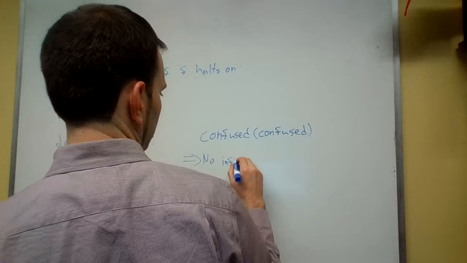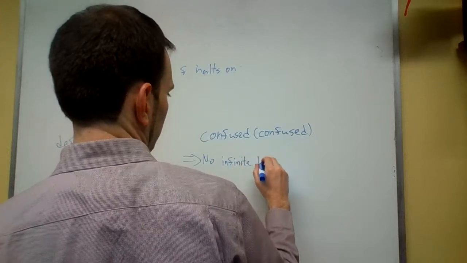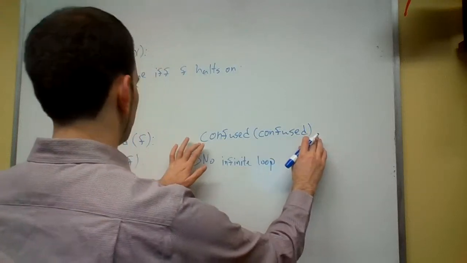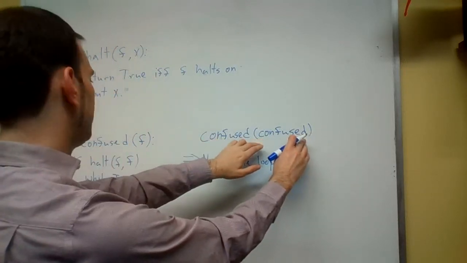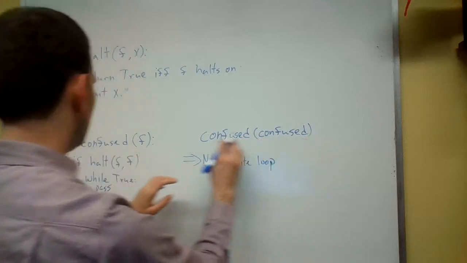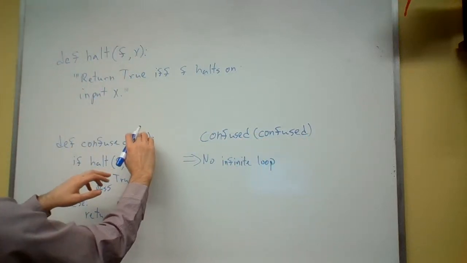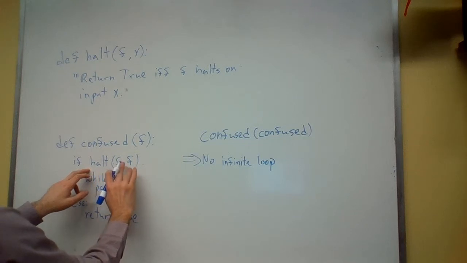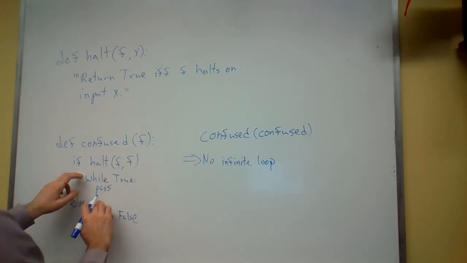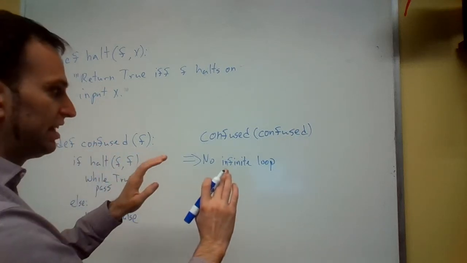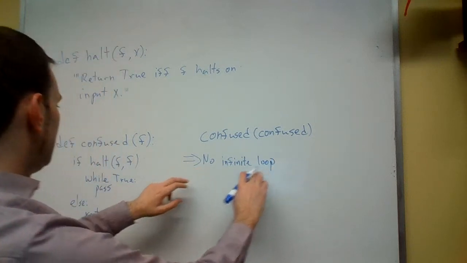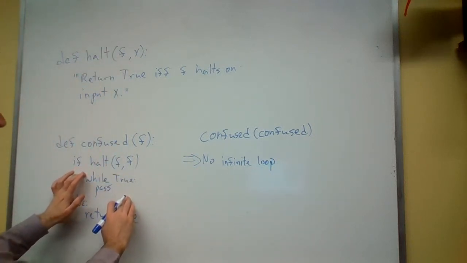So let's say that this does not produce an infinite loop. Well, if this does not produce an infinite loop, let's try to trace it. So you say confused of confused. So now we call it, so f is confused, and now we say if halt confused confused, do an infinite loop. So what this means is that if this produces no infinite loop, then it produces an infinite loop.